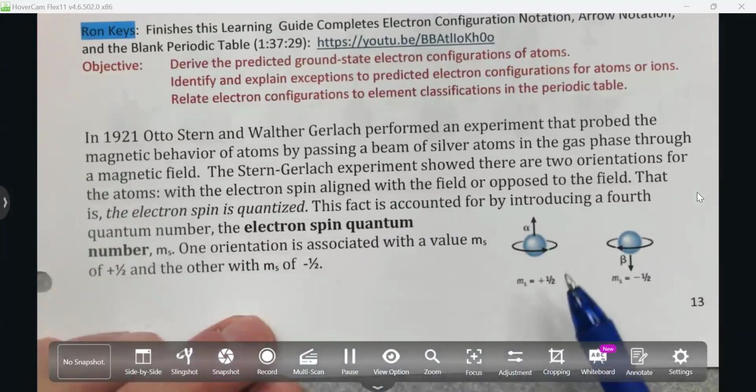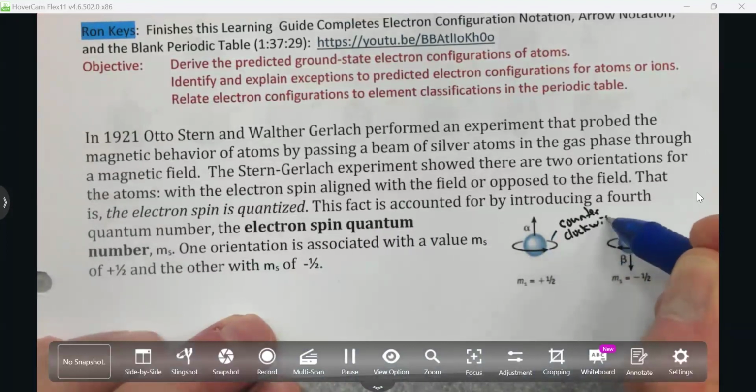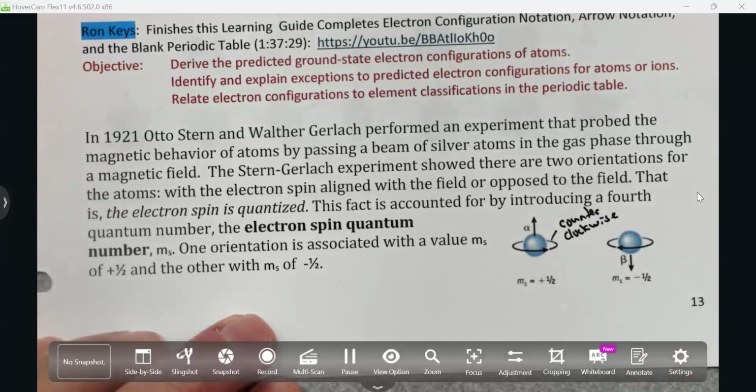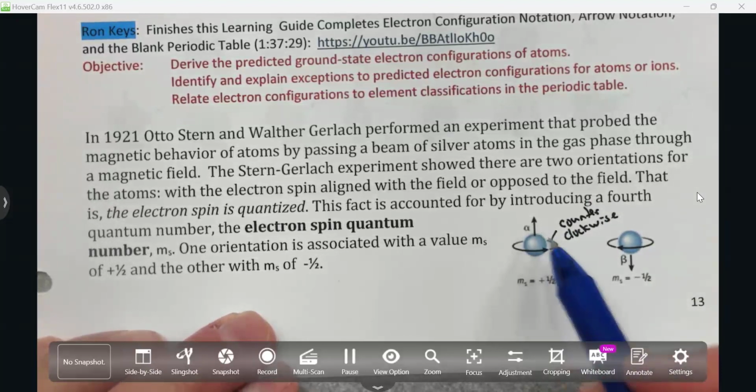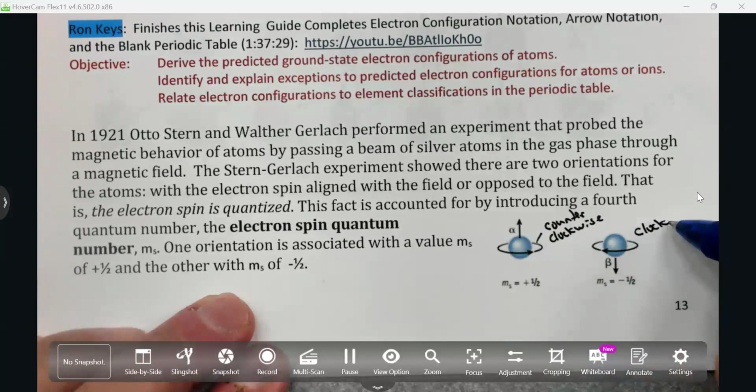Now, if this lines up with the field going this way, and this is spinning counterclockwise, this would be counterclockwise. We use an up arrow for the electron spin, and clockwise, a down arrow.